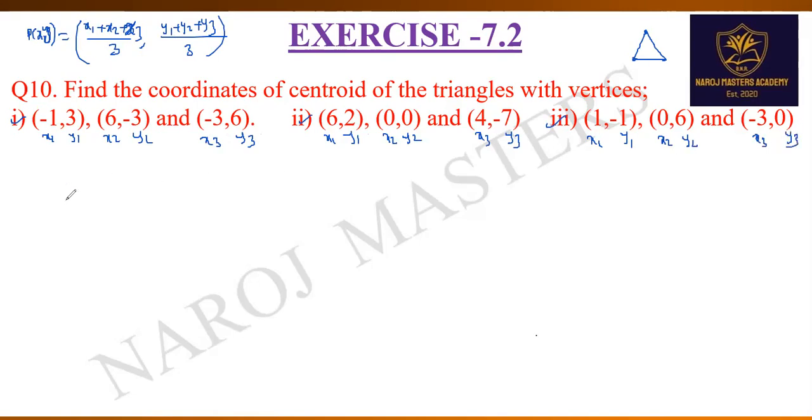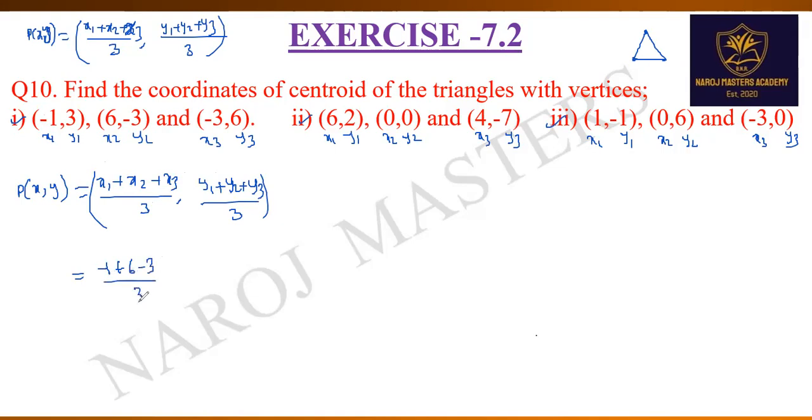Now what is the coordinate? First coordinate here. So p of x comma y is equal to x1 plus x2 plus x3 by 3 comma y1 plus y2 plus y3 by 3, that equal to minus 1 plus 6 minus 3 by 3 comma y1 is 3 plus y2 is minus 3 and plus y3 is 6 by 3.